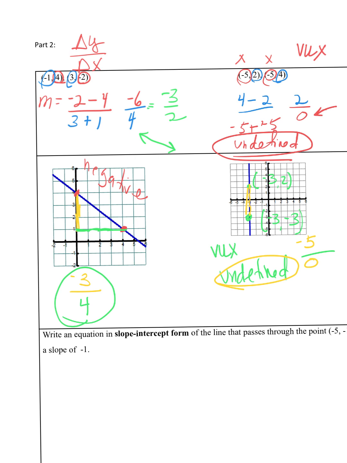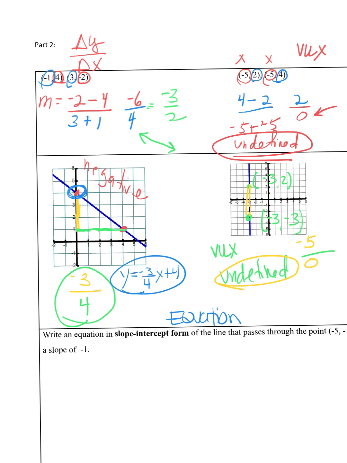Now, if we change the directions just a little bit, and instead of saying write the slope, let's pretend it said to write the equation that you see in these two graphs. So if we look at the first one here, our slope was -3/4, but our y-intercept was right here at 4, so the equation of this line would be y equals negative 3/4 x plus 4.